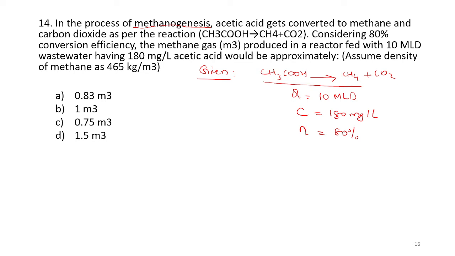I expect all of you to work on this problem and say the answer. Any answer, anyone? Or I will give you 3 minutes time. These many parameters are given, and even the density of methane is given: density equals 465 kilogram per meter cube.